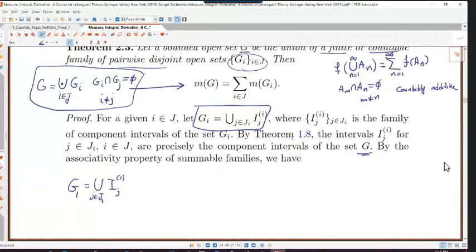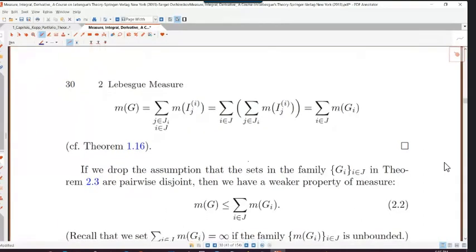So by theorem 1.8, the intervals Iji for i belongs to I and j belongs to Ji are precisely the component intervals of the set G. By the associativity property of summable families, we have M of G equals the sum of M of each of the Iji's.